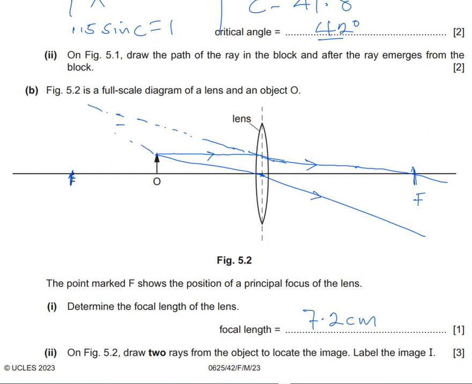And where the two meet, so they meet here, that will be the position of the image. So the image will be produced behind. So simply prolong the rays, and where they meet, that's where the image will be formed.